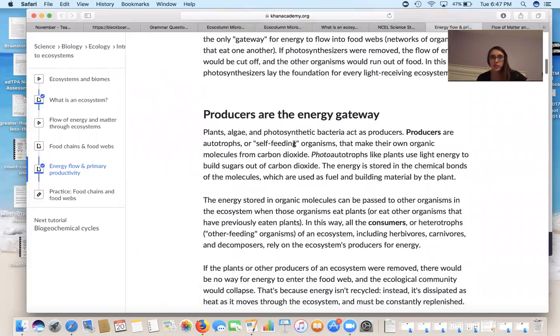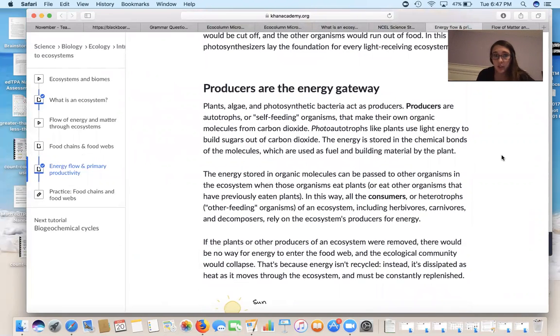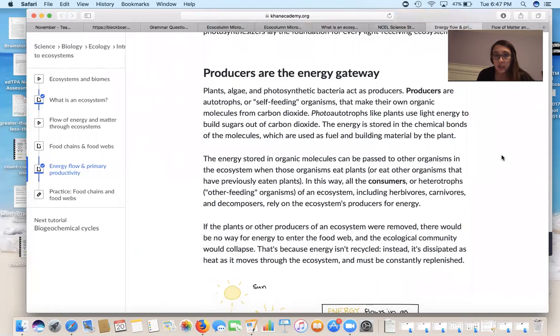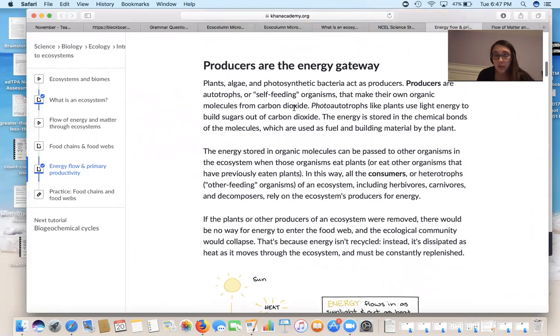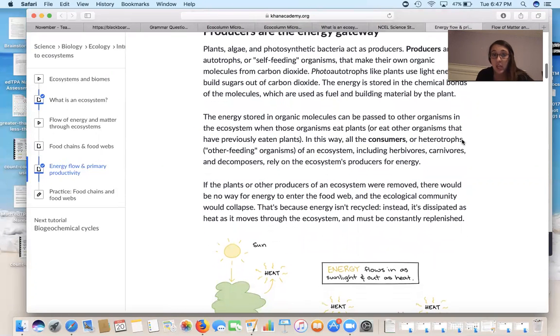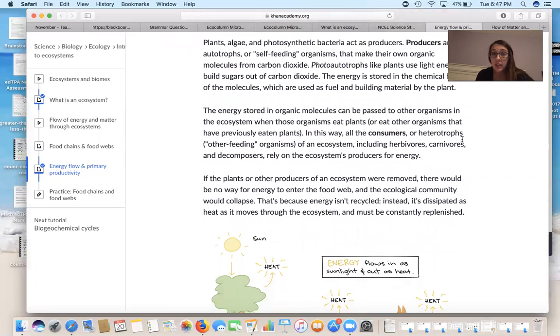So producers are the energy gateway. Producers are self-feeding organisms that make their own organic molecules from carbon dioxide. They use light energy to build sugars out of carbon dioxide. The energy is stored in the chemical bonds in the molecules, which are used as fuel and building material by the plant. The energy stored in organic molecules can be passed to other organisms in the ecosystem when those organisms eat plants.